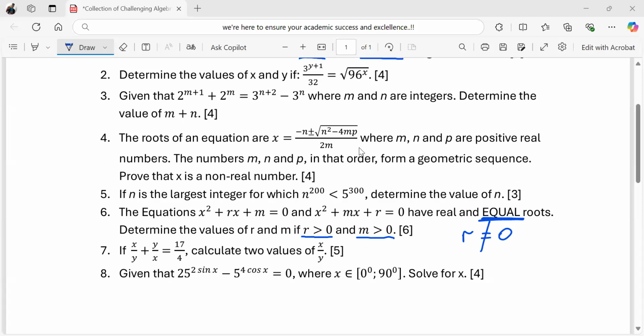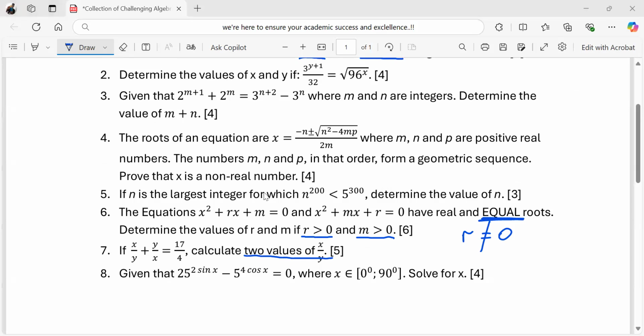Now moving on to number 7. Here they say to us, if x over y plus y over x equals 17 over 4, please calculate the two values of x over y. And this is for 5 marks.